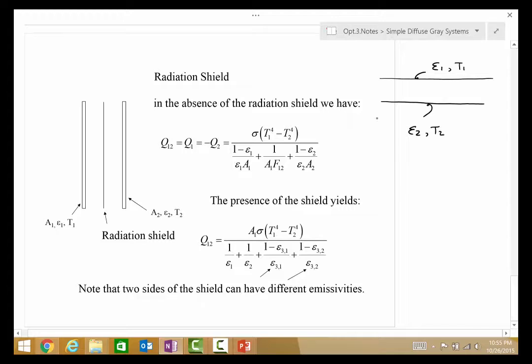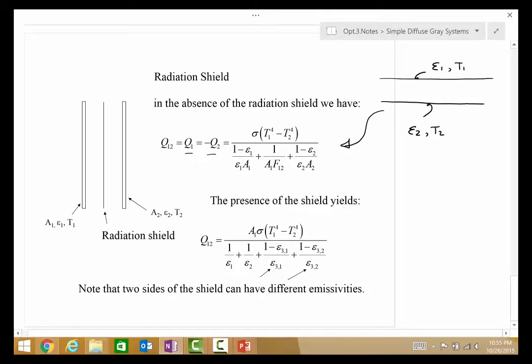For that case, the heat transfer rate between surfaces 1 and 2, you can think about it as Q1,2, it's Q1 or minus Q2. Sign matters only in terms of which orientation or which direction you just prescribe it as.